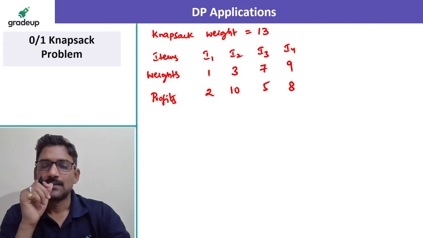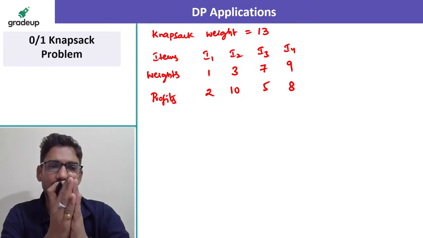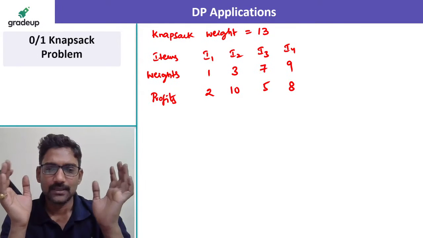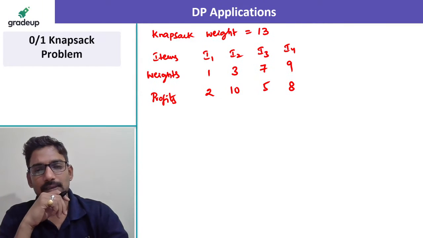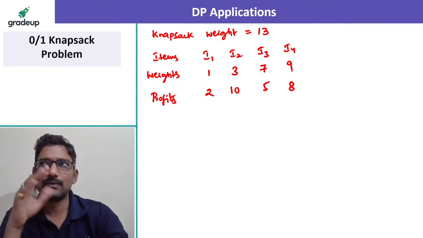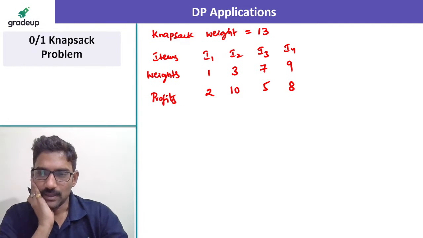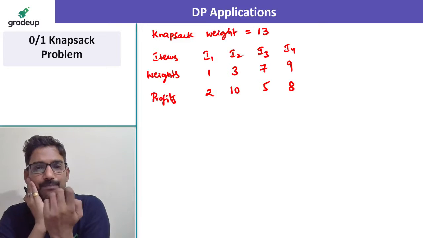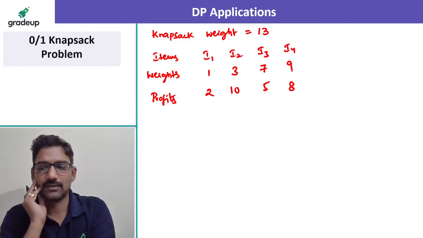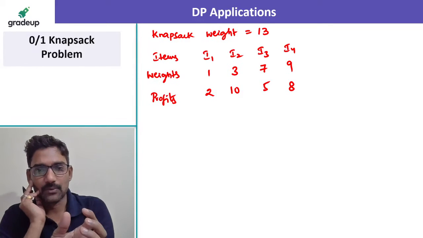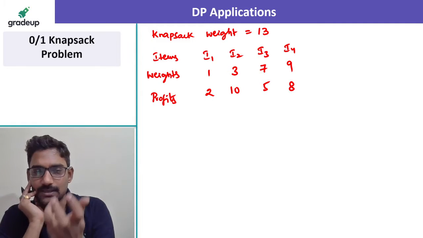Now in the brute force method, generally if you don't know any method and are given this problem, we will just see all the combinations. If I take I1, I2 only, or I2, I3 only, or I3, I4 only, or I1, I2, I3, these three. What is the weight? Does the knapsack fit? What is the profit?